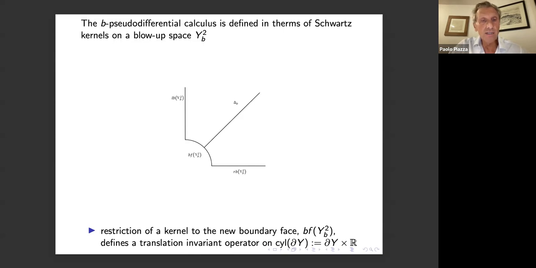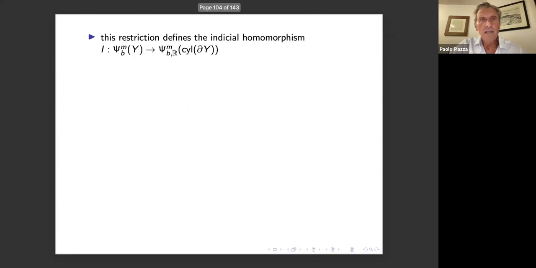When you restrict your operators to this boundary face, the geometric structure of this new boundary face is such that when you restrict kernels to it, you obtain a translation invariant operator on the cylinder. And this defines the so-called indicial homomorphism. So you go from your manifold Y to the cylinder translation invariant operators, pseudodifferential of some sort.